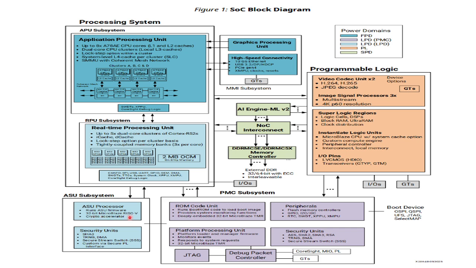32-bit microblaze RISC-V. So let's go again. We saw here that we have microblaze CPU system, like instant logic units, and we have here, which is also mentioned, that we have microblaze RISC-V architecture.